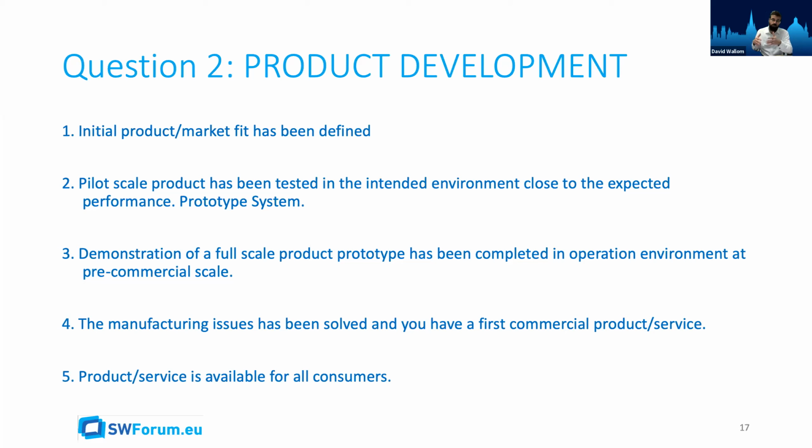Then, once you've got beyond the prototype phase, you're likely to have addressed any issues you identified if you're going to move this towards commercialization. And the highest score of 5 is available if you have a product or service that is ready to go and available for customers to use immediately. So those two questions were those that fed into the TRL.